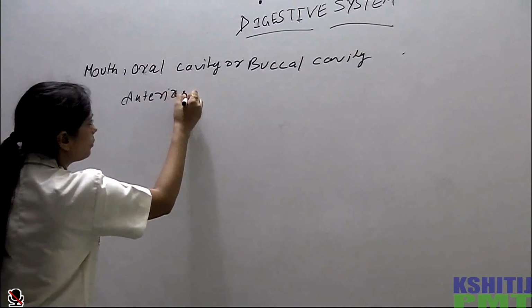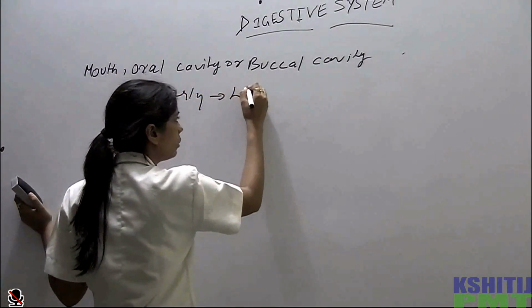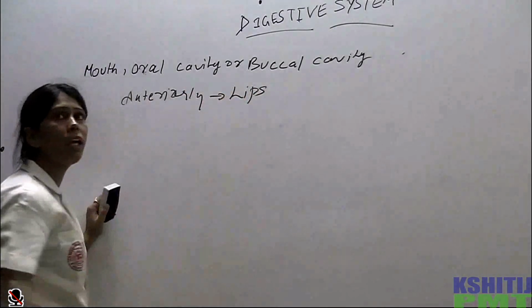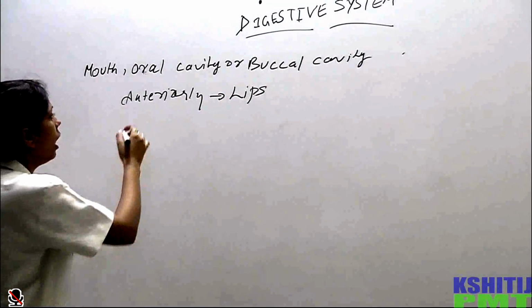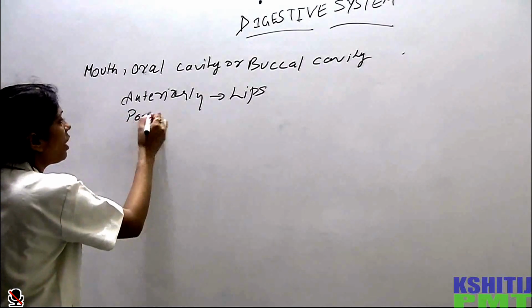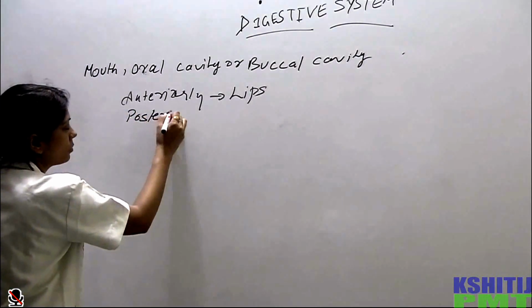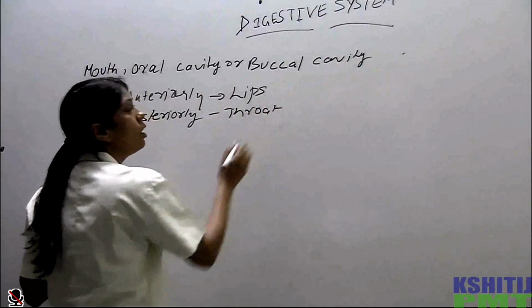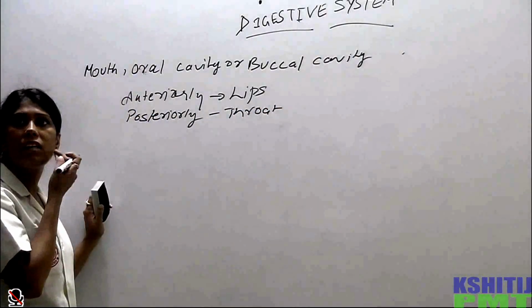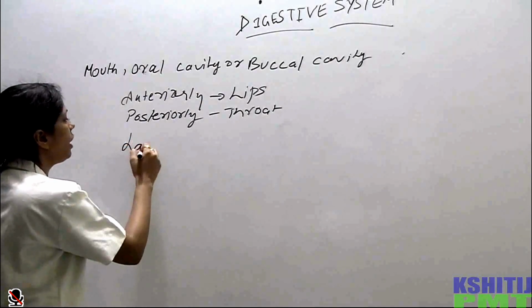Anteriorly we have lips, okay, a slit like opening which is guarded by lips, okay. After that posteriorly we have throat, okay. After that laterally we have cheeks, okay.